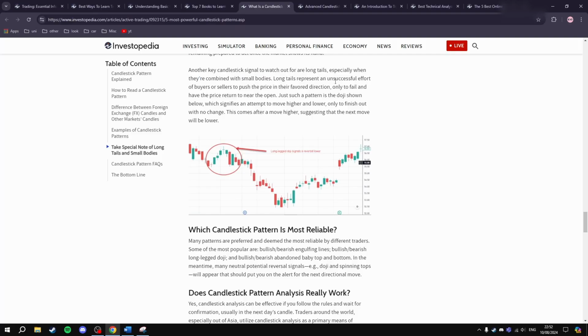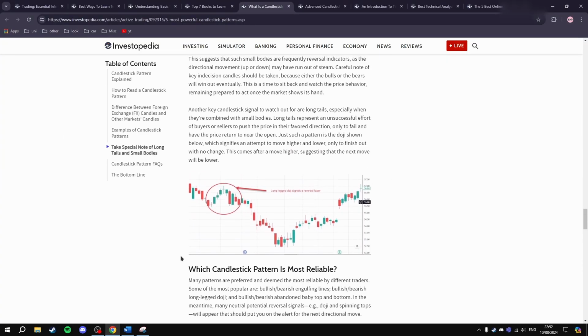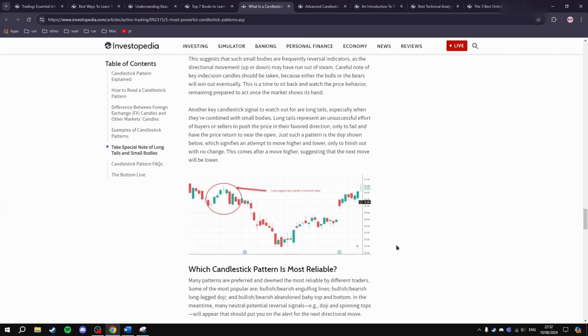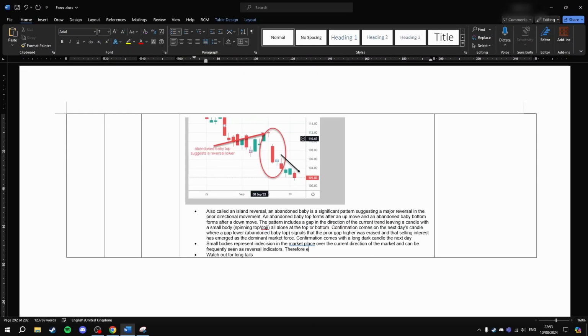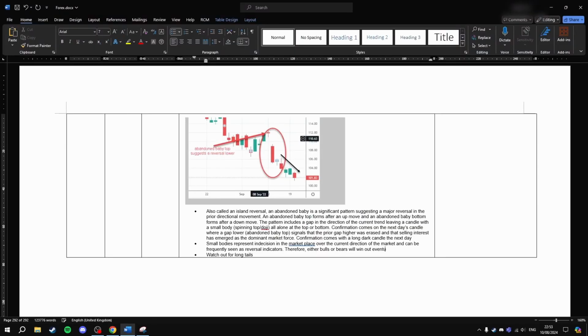Another key candlestick signal to watch out for are long tails, especially when they're combined with small bodies. Long tails represent an unsuccessful effort of buyers or sellers to push the price in their favored direction. They can frequently be seen as reversal indicators, as a directional movement up or down may run out of steam, so either bulls or bears will win out eventually.